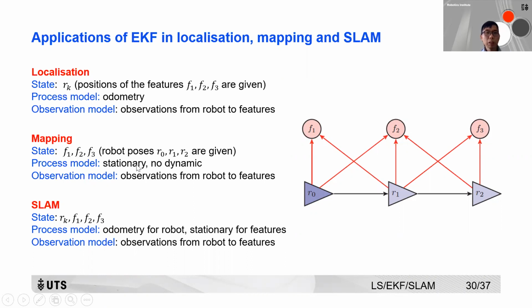At time k and time k plus 1, they are the same. And for SLAM, we have the robot pose at time k and also the features. So the process model is a combination of the robot model and the stationary features. In all the cases, the observation model is the observation from robot to features.